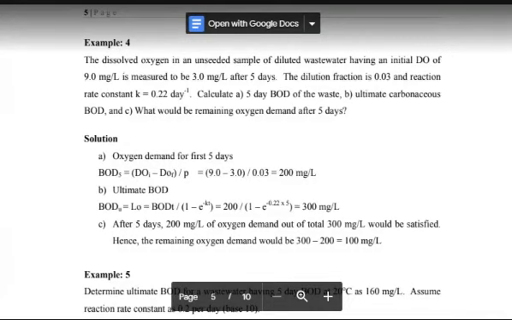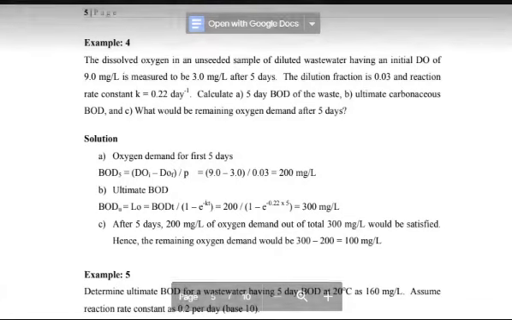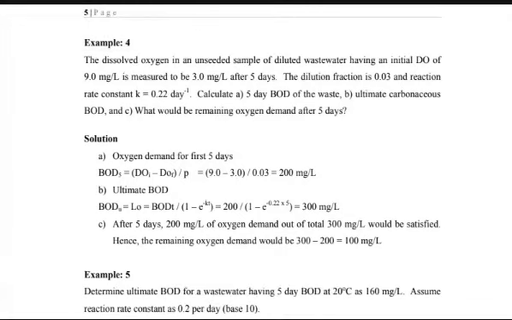Okay, now let's check what data is mentioned and how we can calculate these values. First, before the first bit, we need to write the data.